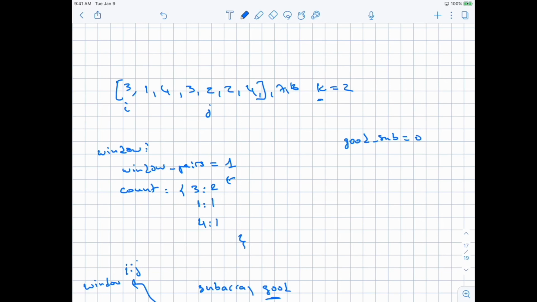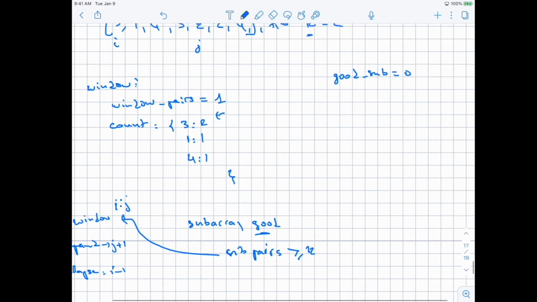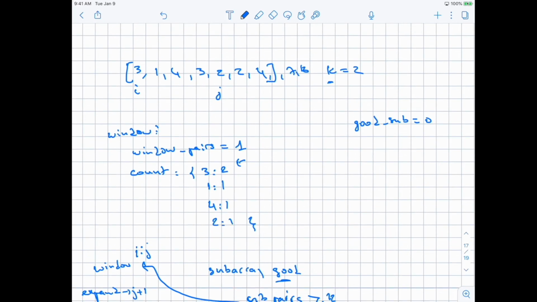And now, do we have 2 pairs yet? No, it's still 1, so we keep going. That's from this here, right? So we keep going because it's not good yet. And now we have a 2 with occurrence 1. So we move our J again, and now we have 2 occurrences of 2. So we increment our 2, and now we have a 4.